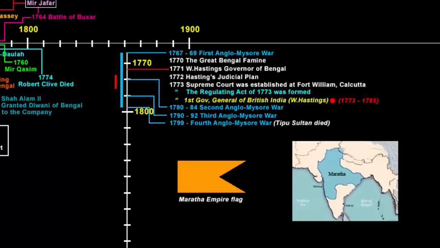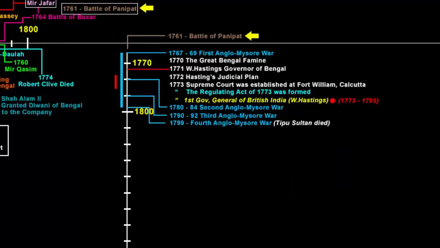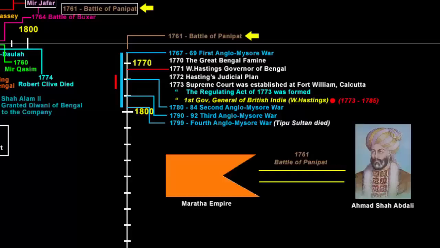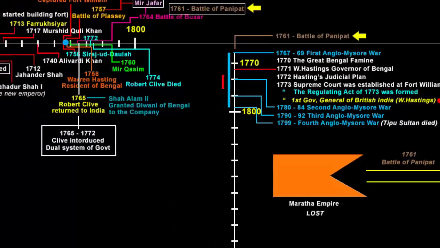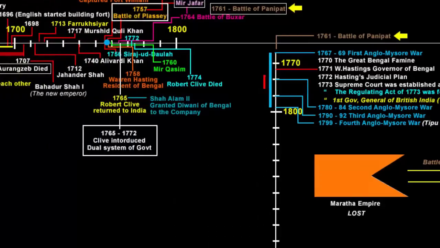After the end of Third Battle of Panipat in 1761, the East India Company had an eye on the Maratha Empire. Because in the Third Battle of Panipat, the Marathas were defeated by the King of Afghanistan, Ahmad Shah Abdali. We have already seen that the 1757 Battle of Plassey was the first major war that the company had won on Indian soil.